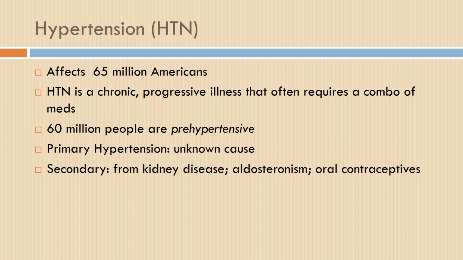Secondary hypertension can occur in response to kidney disease or meds like oral contraceptives, steroids, or erythropoietin.